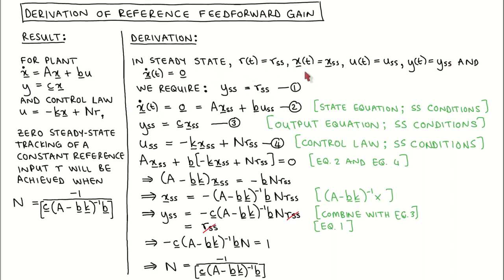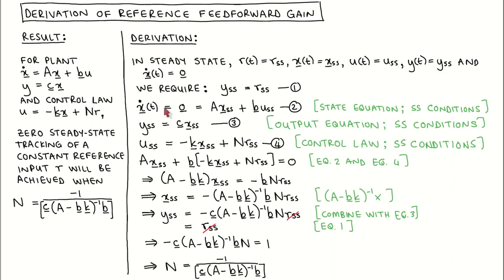We set the steady-state conditions into the output equation and call this equation 3. The steady-state conditions applied to the control law gives us this line, which we call equation 4. We have now applied the steady-state conditions to the full system description on the left-hand side.